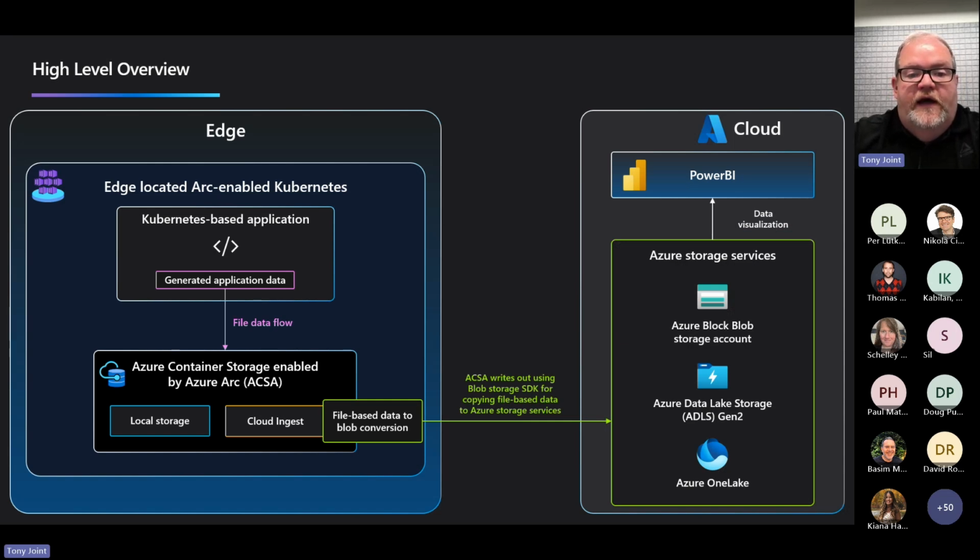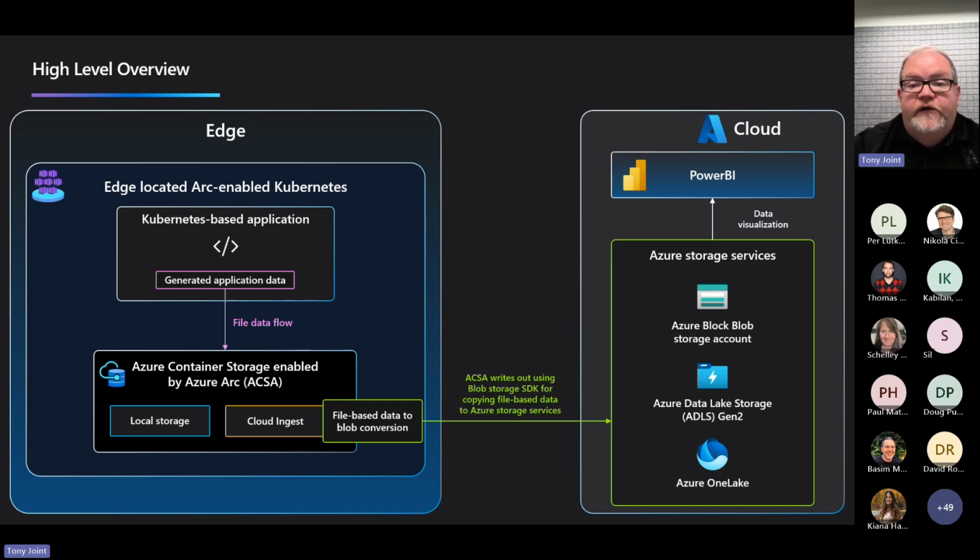So taking a look at the high-level architecture. In this system, you have a Kubernetes cluster that's Arc connected. Your application, which is shown on the left in the box there, takes out a persistent volume claim against the Azure Container Storage enabled by Azure Arc service.